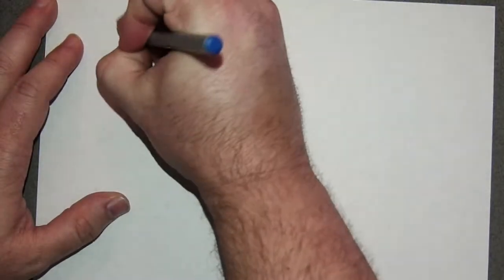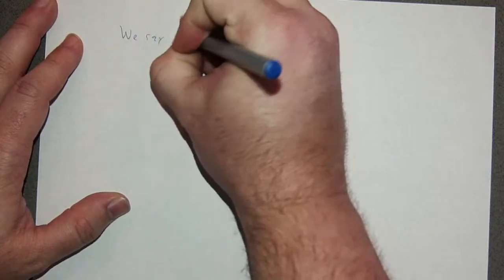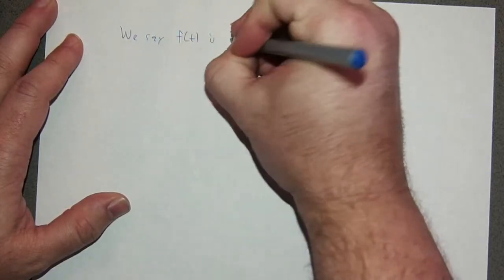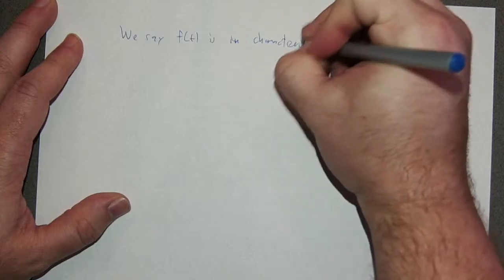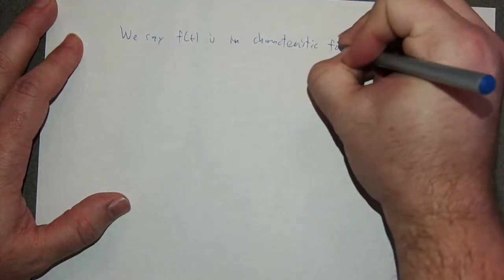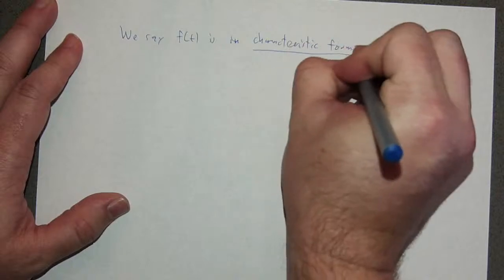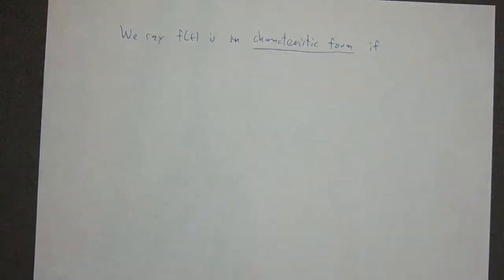Okay, so we say f of t is in characteristic form if, let me get some paper underneath this paper because this isn't writing as well now.